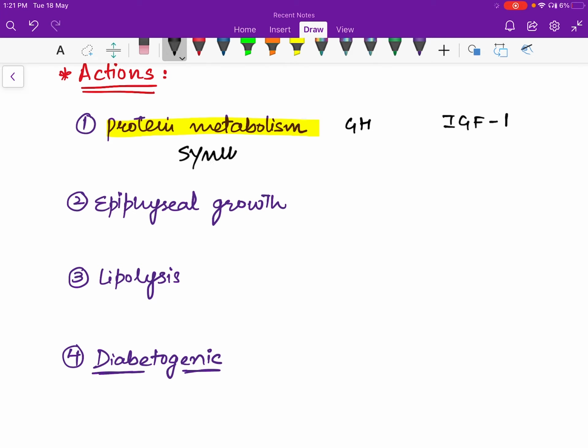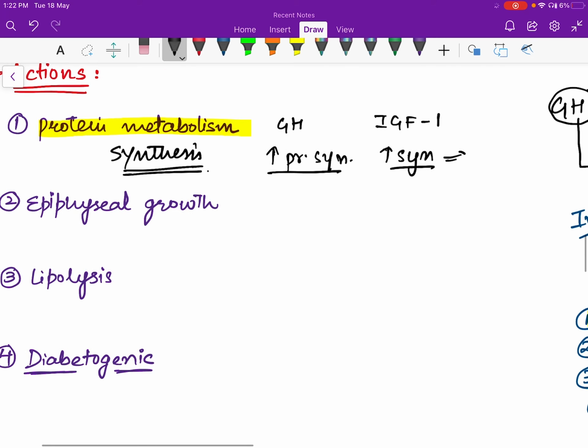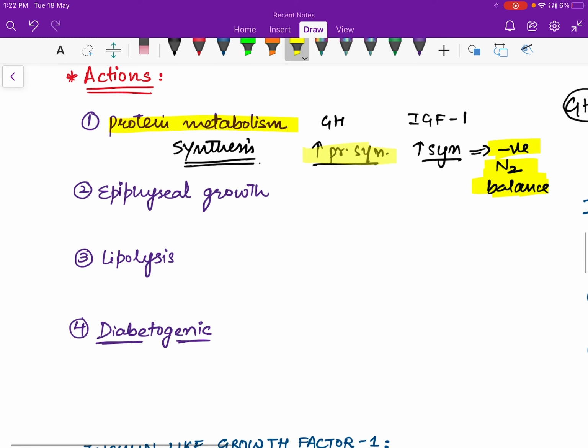They increase protein synthesis, so that means they decrease protein catabolism. So there will be more synthesis of proteins. Whenever there is more synthesis of proteins in the body, that results in what's called negative nitrogen balance. So both growth hormone and insulin-like growth factor cause negative nitrogen balance by increasing protein synthesis. Increase in protein synthesis is the main action here.